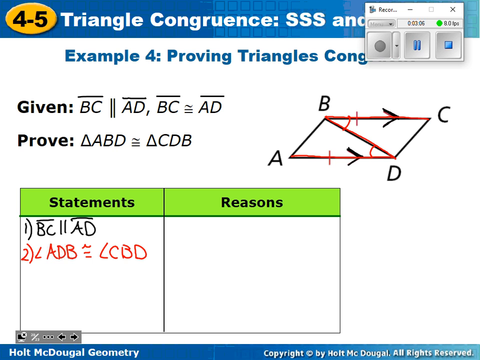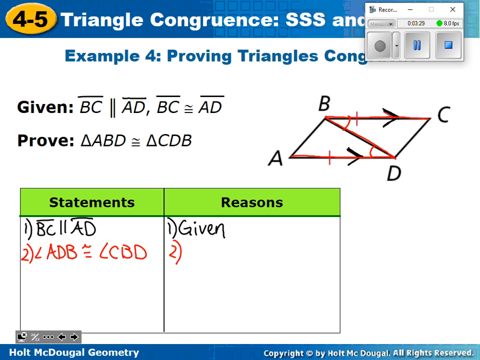Okay, I forgot to write down my reason for number 1. What is my reason for number 1? Given. And now what is my reason for number 2? Not definition. Okay, be careful, Barrett. Converses prove lines what? Parallel. Are we saying that two lines are parallel here?